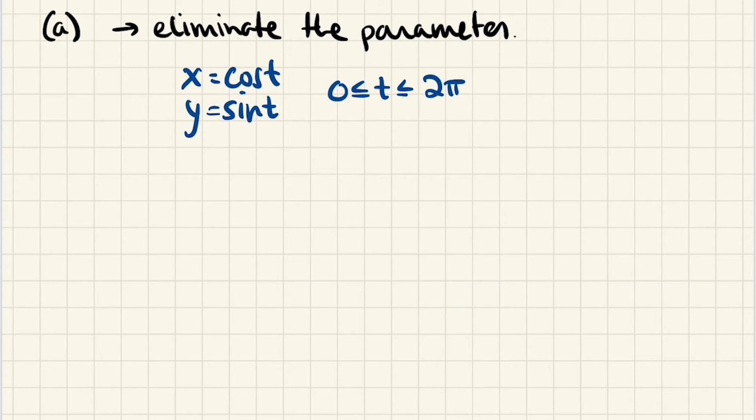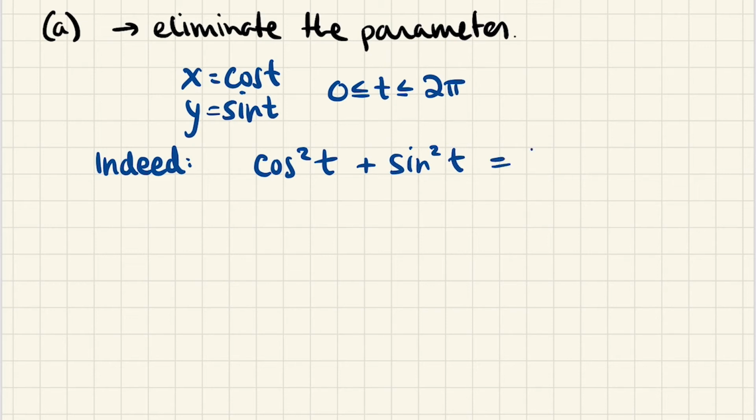So when you have a bunch of trigonometry like this, just ask yourself what trigonometric identity relates these two equations, and that pretty much is going to produce your Cartesian equation. So we know, of course, that cosine squared of an angle plus sine squared of the same angle is equal to 1.